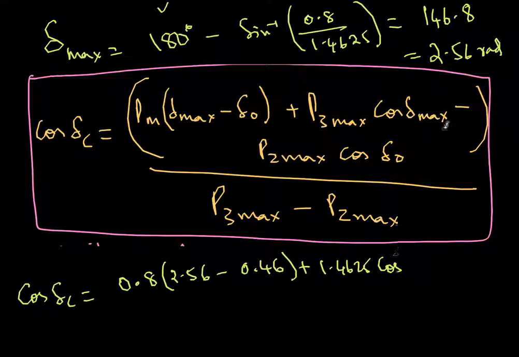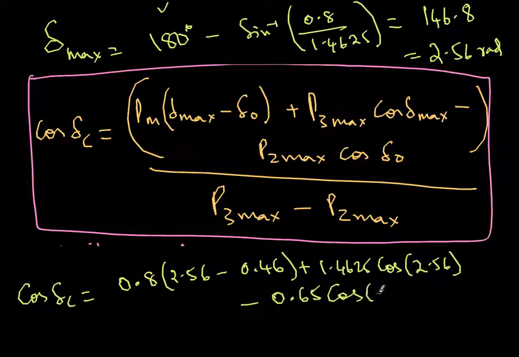Then cos of delta max, so cos of 2.56 radians, minus P2 max, which is 0.65, the maximum power during the fault, and then cos of delta naught, so 0.46.